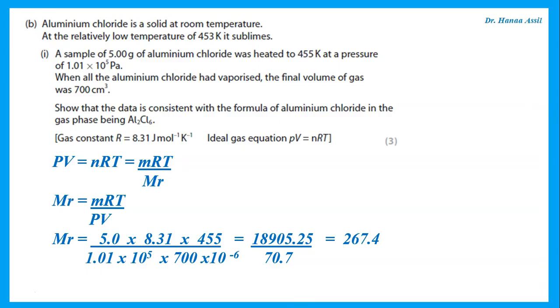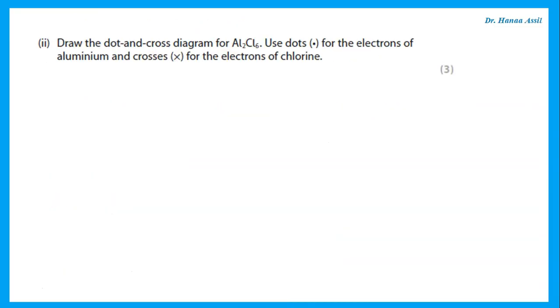Over pressure, the pressure should be in Pascal, so that is okay. Times the volume. Now, the volume has to be in meter cubed. So, we have it in centimeter cubed. We multiply by 10 to the minus 6. This gives an MR of 267.4. Well, if you calculate the MR of Al2Cl6, it is 267, so that is correct.